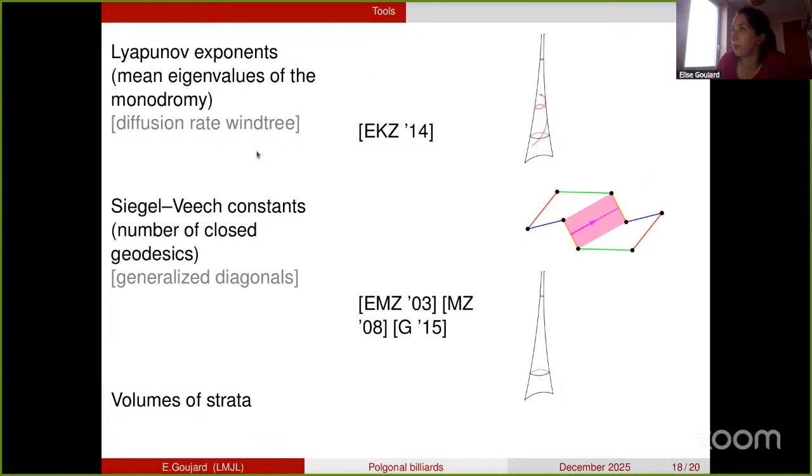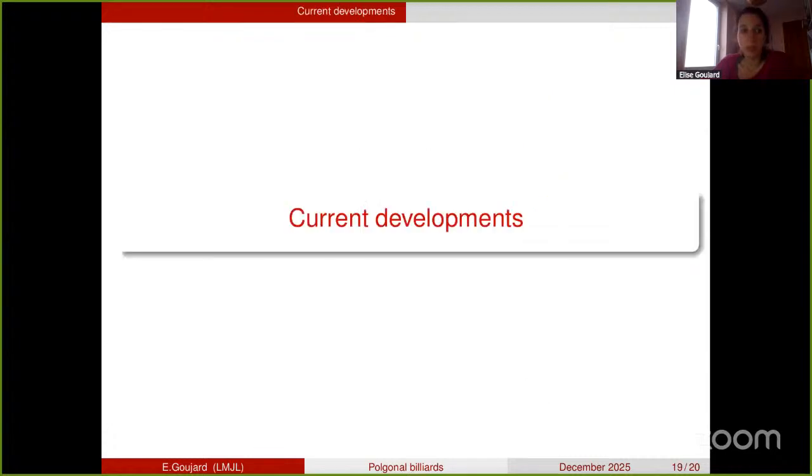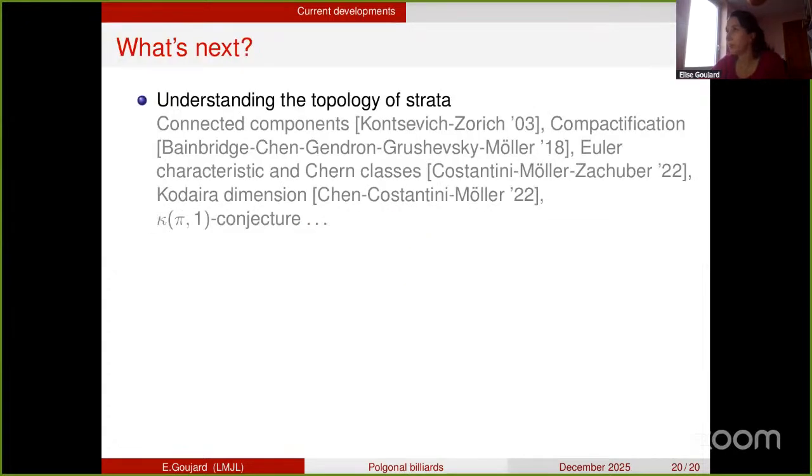Okay, so this is all I wanted to say about this quantitative invariant of the dynamics that gives information on billiards. And let me just mention in a few minutes what is done now in the field. It may be closer to what I do. Maybe I forgot some directions because I'm more interested in some personal direction, but let me say some words.